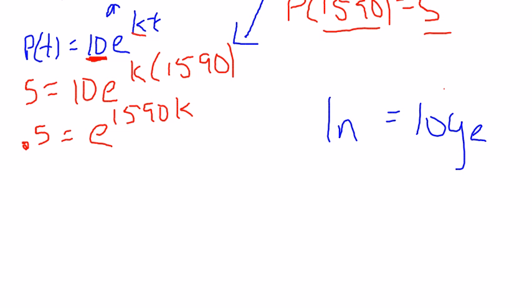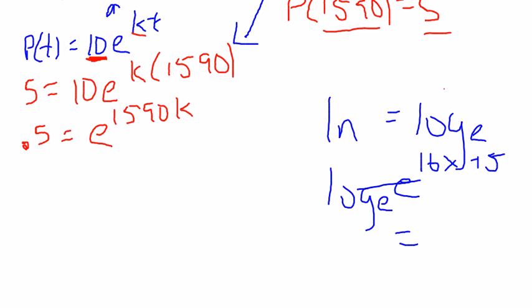So when I take log base e of, for example, e to the 16x plus 5, the log base e and the e to the would cancel because they're inverses, it's like squaring and square rooting. It would give me 16x plus 5. So we don't ever write log base e, we just write ln.